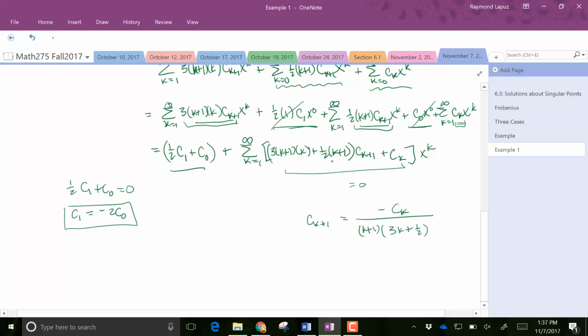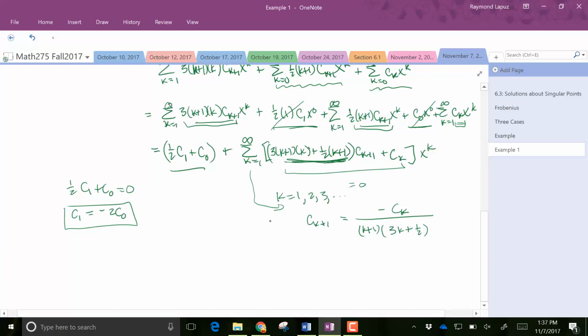The pattern might come out nicer if I keep it looking like this. But we'll see. We'll take a look. And this works for k starting with 1.